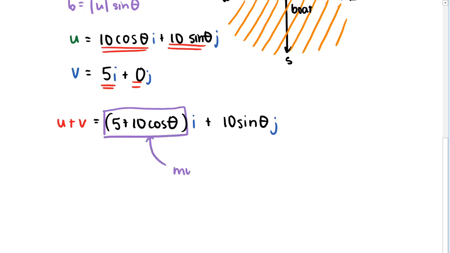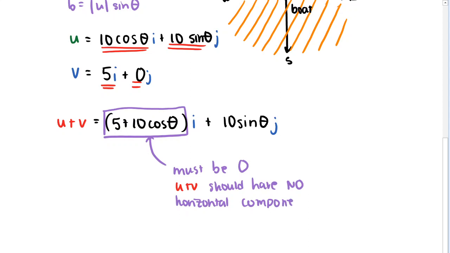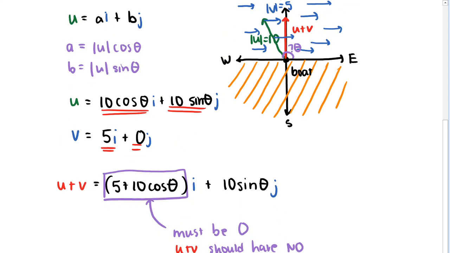This must be 0 because u plus v in our picture should have no horizontal component. Based on our picture, this boat is not going to travel left or right. The horizontal component should be 0.